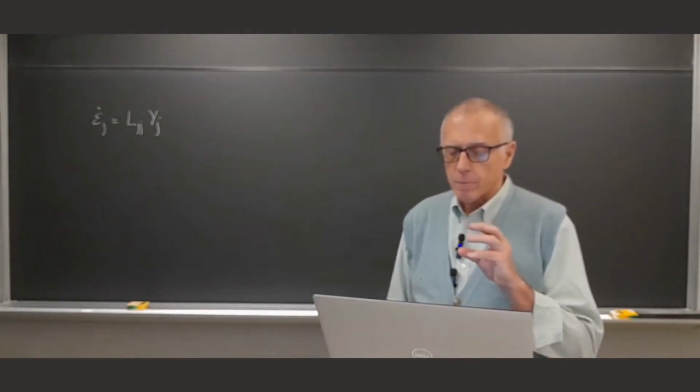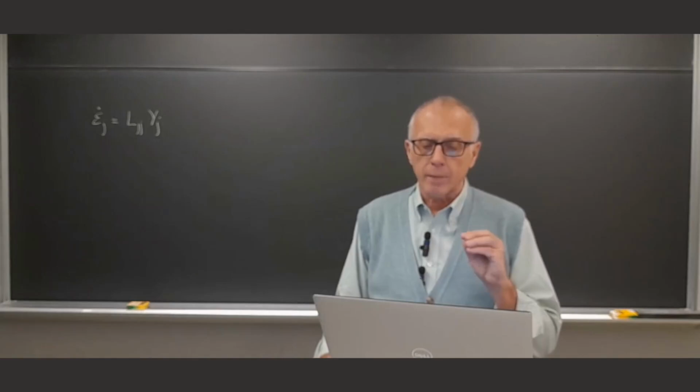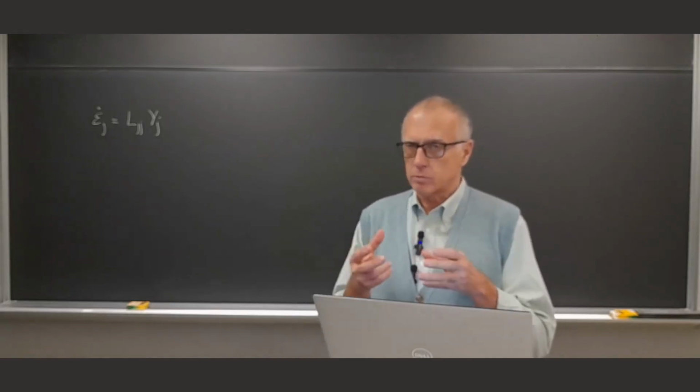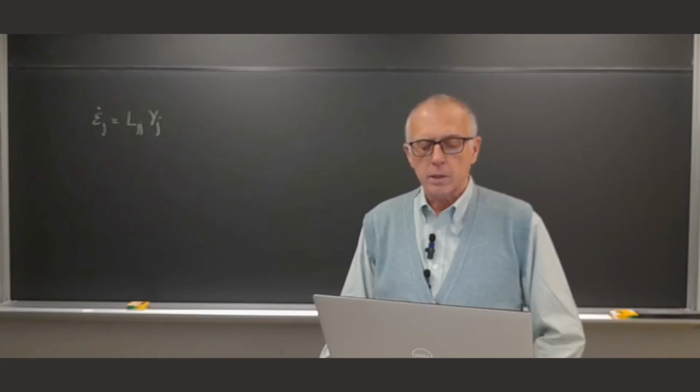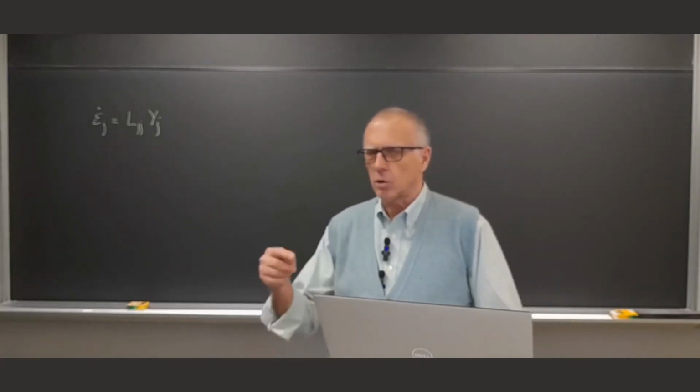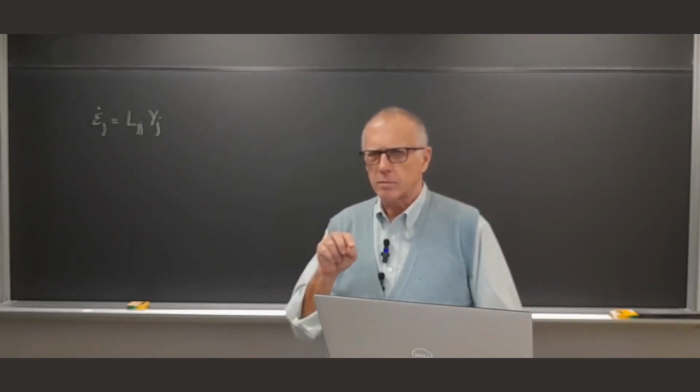Now, these independent mechanisms are coupled via these linear combinations. So if you try to write the rate of each one, it is not any longer just dependent on its affinity.